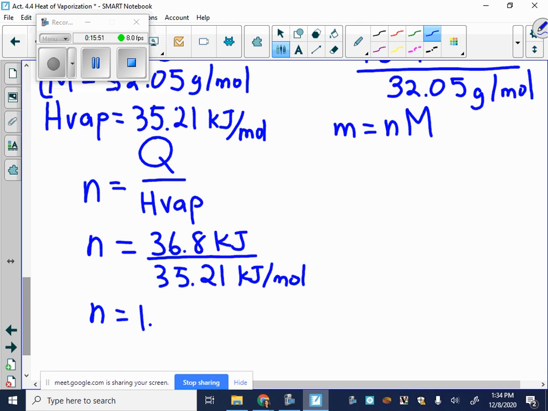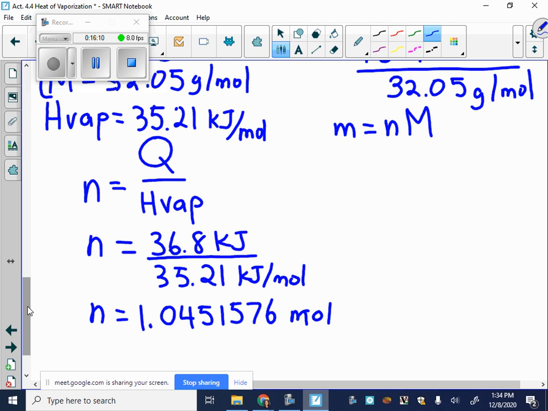And that gives us 1.0451576 moles. Now, ultimately, we shouldn't be rounding that.